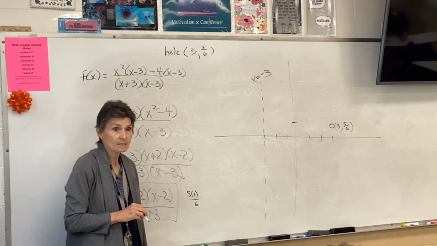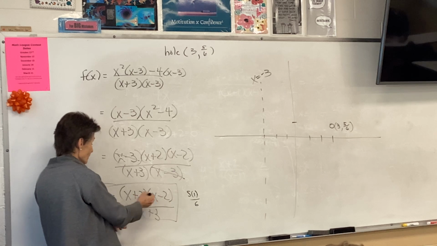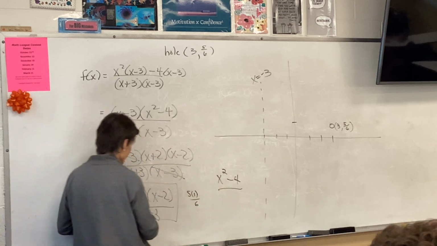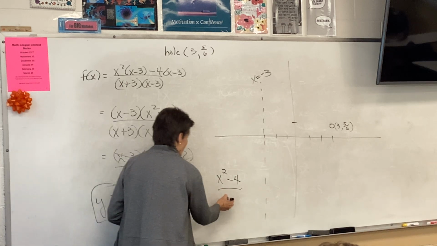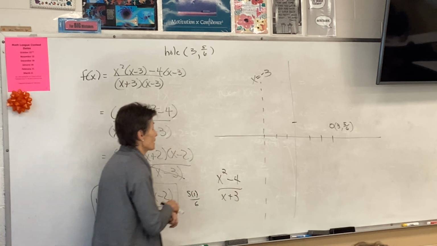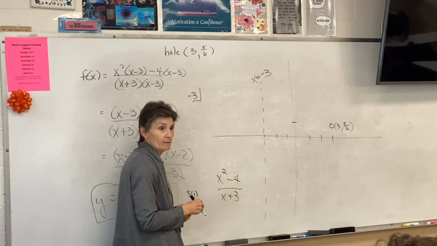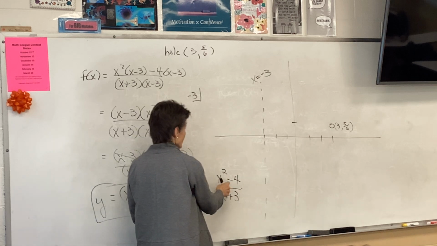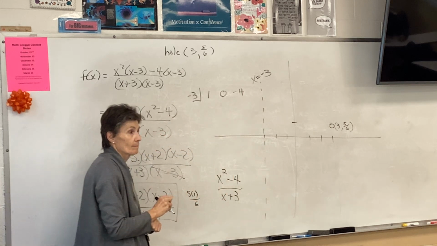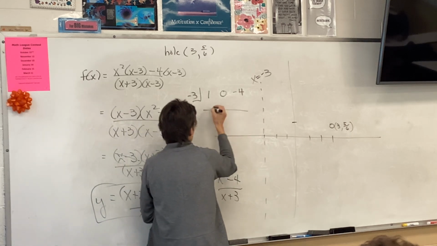Yeah. And I find slant asymptotes by division. So I'm gonna go ahead and multiply this back out. I'm gonna be dividing x squared minus 4, that's my numerator, by x plus 3. That's the division that I'm going to be doing. So in my little box, I'll put a -3, I'm doing my division. Now I'm very careful here. This is gonna be 1, 0, -4. And I'll do my division.